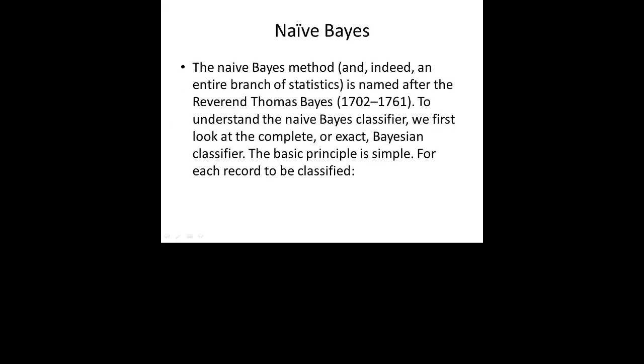Here we will be introducing the naive Bayes classifier, which can be applied to data with categorical predictors, and we review the concept of conditional probabilities, then present the complete or exact Bayesian classifier.